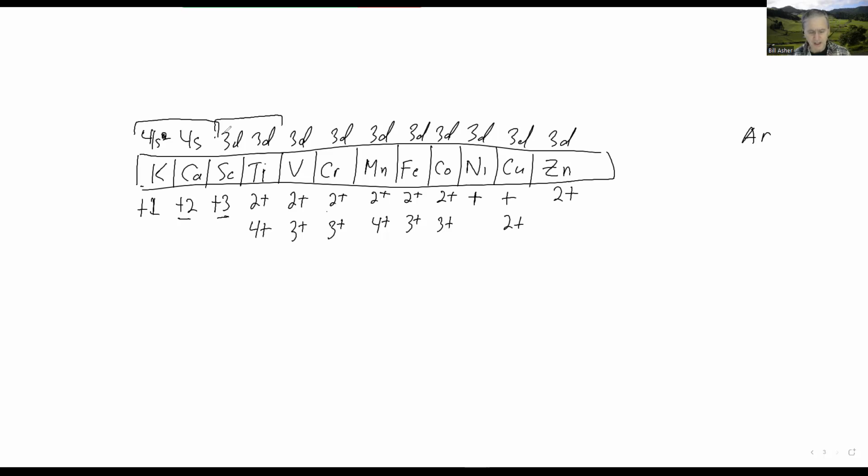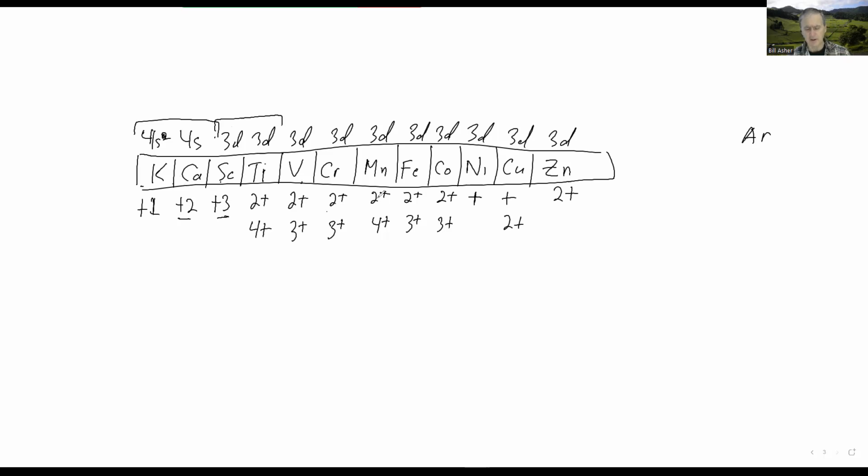Vanadium would lose 3, which would be all of its d electrons, or it might lose 2 of the s electrons. Same for chromium, it loses 2 or 3. So all of these can lose 2 electrons, the 2 electrons in the 4s orbital, right?